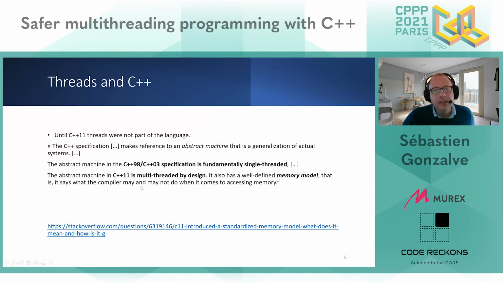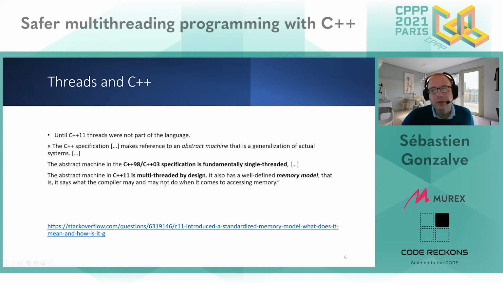On the other hand, since C++11, it's multi-threaded by design, because as many people were using threads and libraries relying on them, we needed to have something built into the language to make sure that things were behaving correctly during the execution of your software.